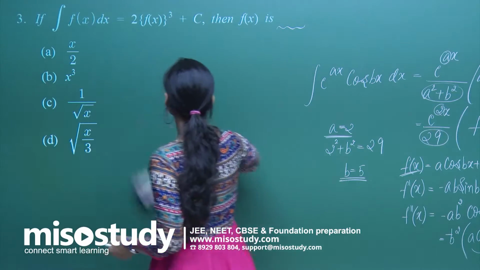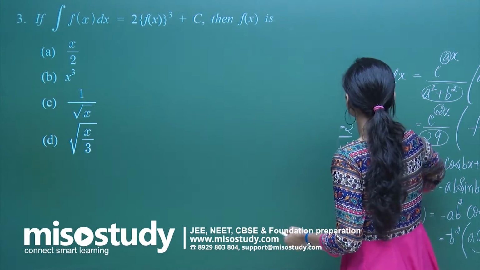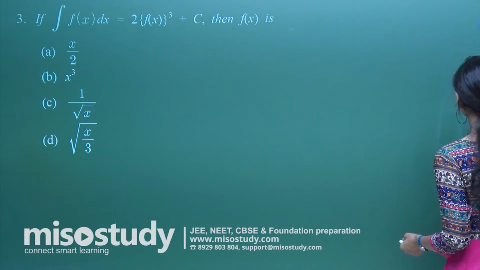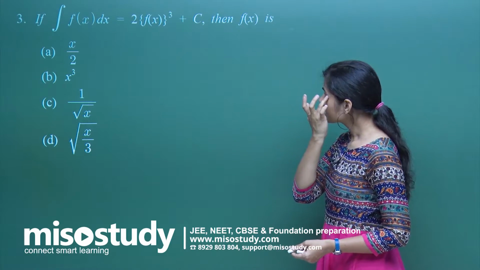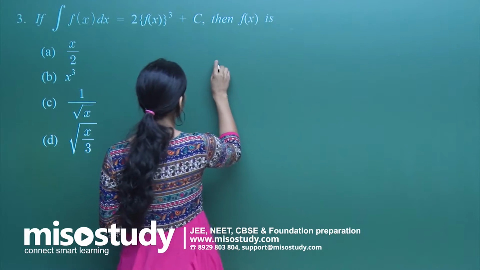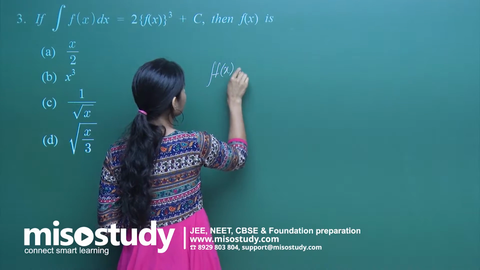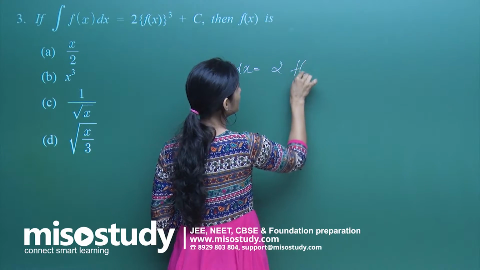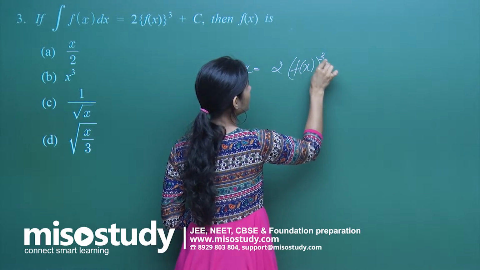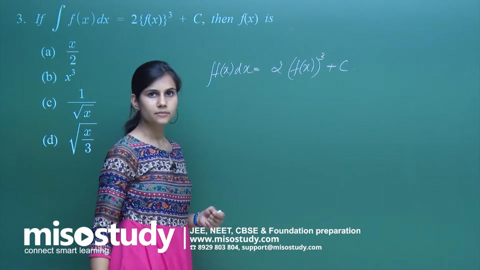Next we have, if integral f(x) dx is this, then f(x) will be what? Okay, so let's see how to tackle this question. Integral f(x) dx is given to us as twice of f(x) whole cube plus c.